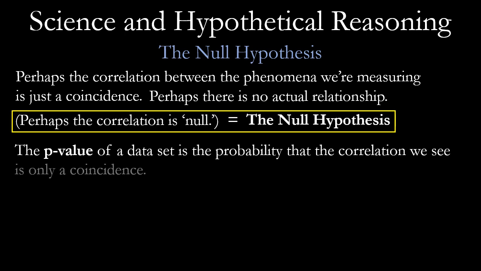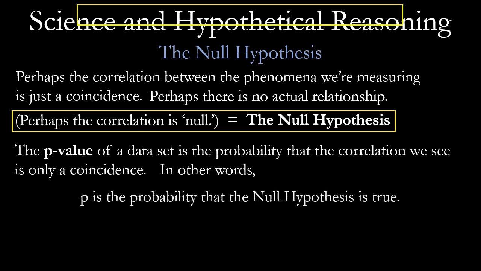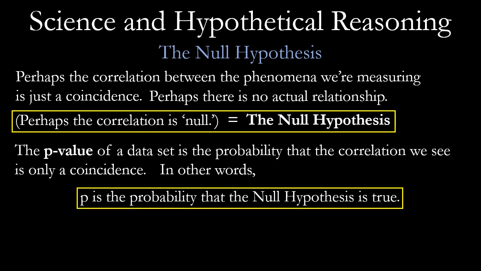So p is the probability that the correlation we see is only a coincidence, right? And put another way, p is the probability that the null hypothesis is true. P is the probability that it was just a coincidence, right? That there's no real correlation.